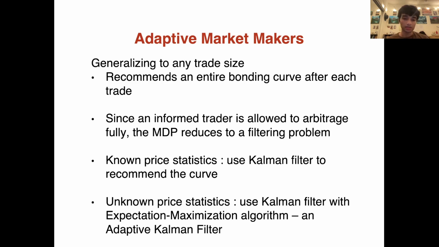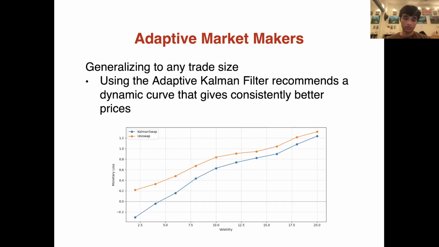So in this case, for known price statistics about the jump in the price and the informedness of the traders, we can use a Kalman filter to recommend the curve. In the case of unknown price statistics, we use a Kalman filter with the expectation maximization algorithm, or in other words, an adaptive Kalman filter to do the job.